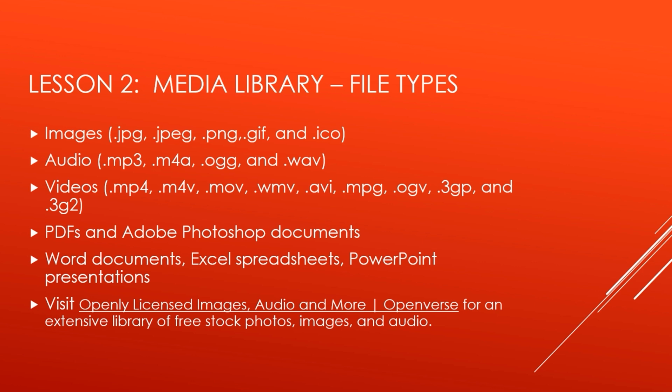And at the bottom of the slide, the images that we have in the files for the video description, in that images for website folder, I got all of those from openverse.org. So I put a link to that website there. You can also access Openverse from within WordPress.org, but it's an extensive library of free stock photos, images, and audio. It's all part of Creative Commons, which means it's free and legal for you to use.